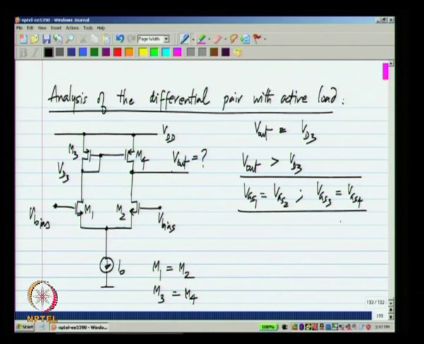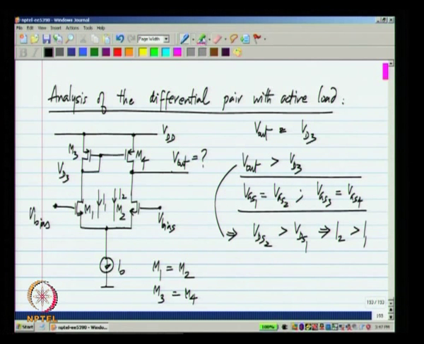So, if V out is more than Vd3 and you think of M1 and M2, this implies that VDS2 is more than VDS1, which in turn implies that the current in transistor M2 is more than the current in transistor M1.